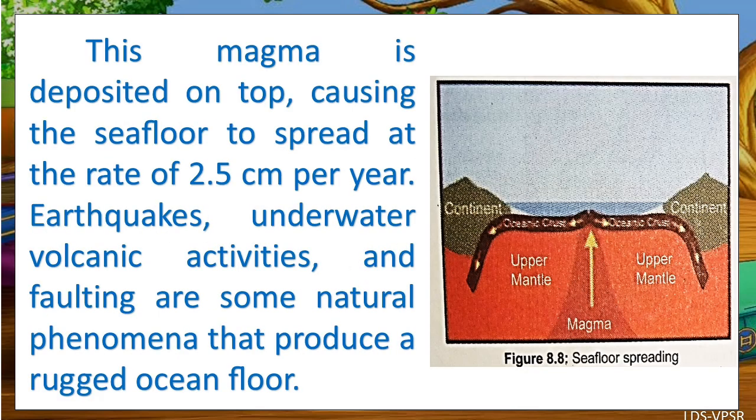This magma is deposited on top, causing the seafloor to spread at the rate of 2.5 cm per year. Earthquakes, underwater volcanic activities, and faulting are some natural phenomena that produce a rugged ocean floor.